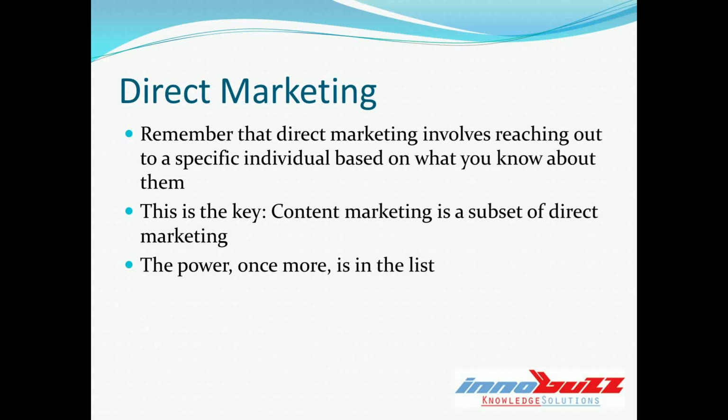Okay? Now, one of the big tenets in direct marketing is the list. The list is the king. The higher the quality of the list, the more sales you will make. And that's just common sense. If you're trying to sell expensive china pieces to, say, guys who are in their 20s, good luck. Your list is no good.